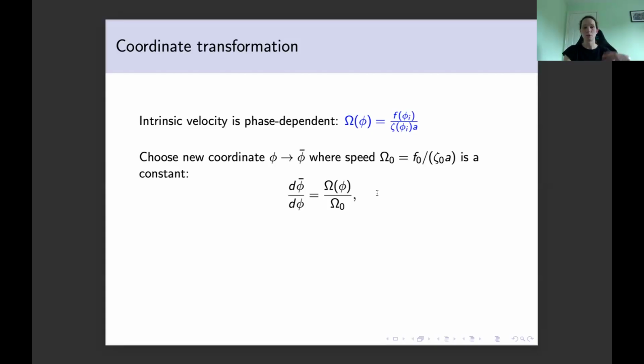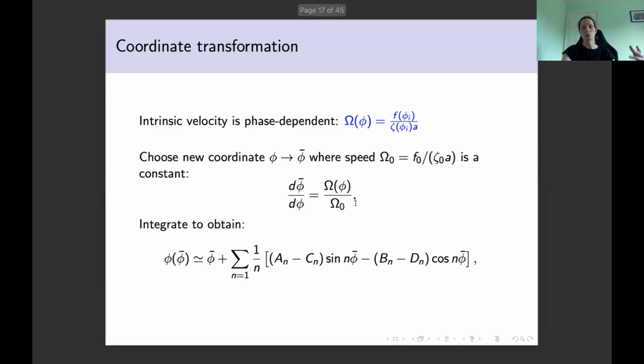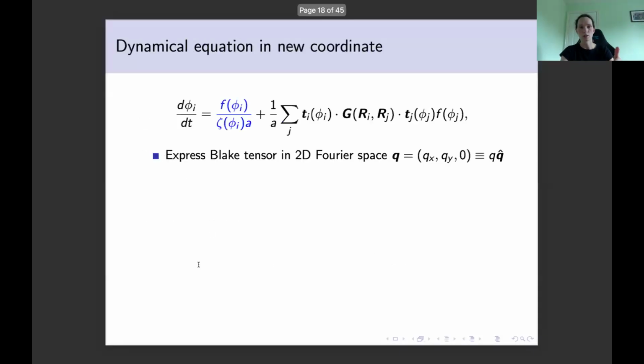So we can write down a relation between the old coordinate phi, which is just an angle as you move around a circle, and phi bar, which is just some choice. So phi bar monotonically increases with phi. We can write down this relation between them and integrate to obtain the relation between the old and the new coordinate. So then what we want to do is write down a dynamical equation in terms of the new coordinate instead of the old coordinate.